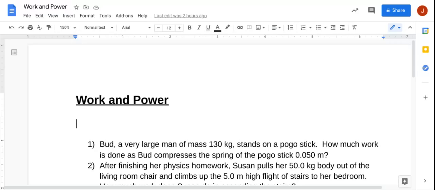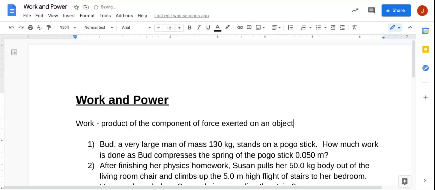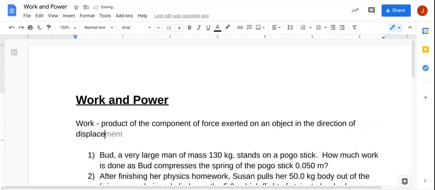So first off, work is the product of the component of force exerted on an object in the direction of displacement and the magnitude of displacement.